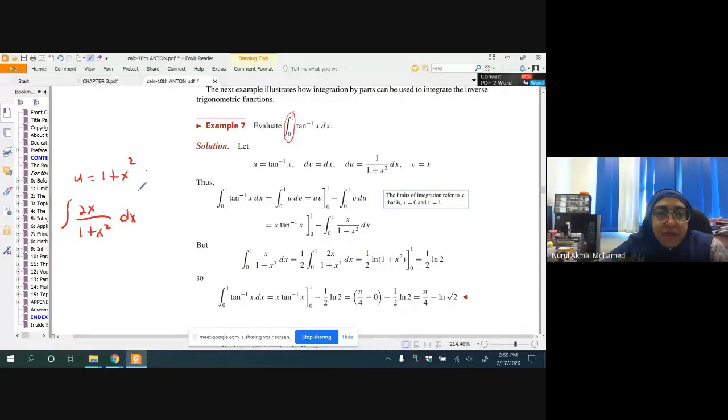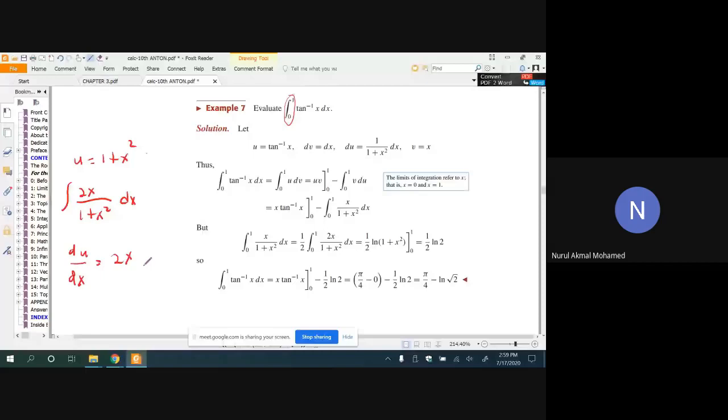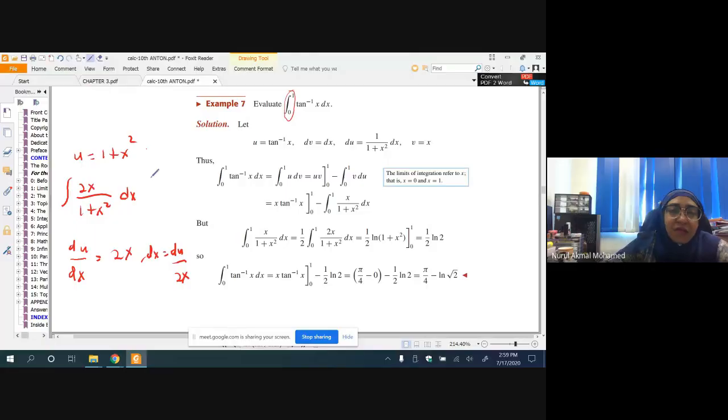If you have u equal to 1 plus x squared, your du/dx will be 2x. So you substitute it here so that everything will be in terms of u.